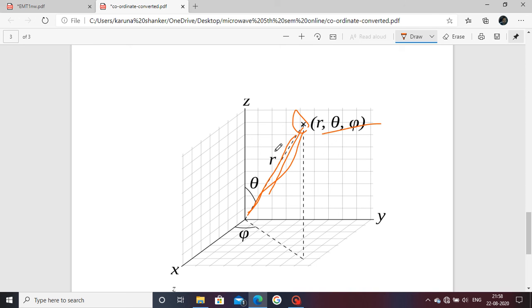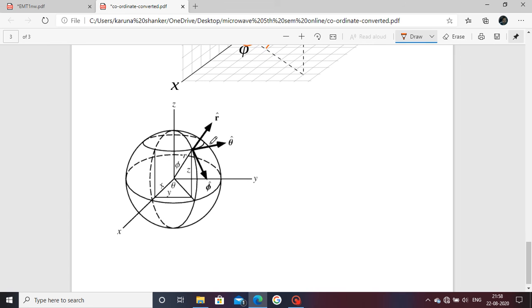The angle theta is measured from the z axis, in this direction, and phi is the angle, in a similar way to the cylindrical coordinate, this one is your phi. The variables are r, theta, phi. You can also see the range of these values here. Suppose a point is located somewhere in a sphere.